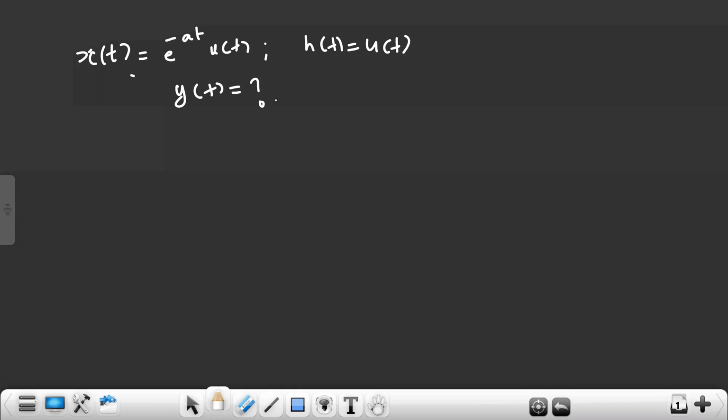After observing the question, everything is in the time domain. It is not n, it is t. So it is understood that the given system is a continuous time system, and you have to use the convolution integral in order to get the output y of t.